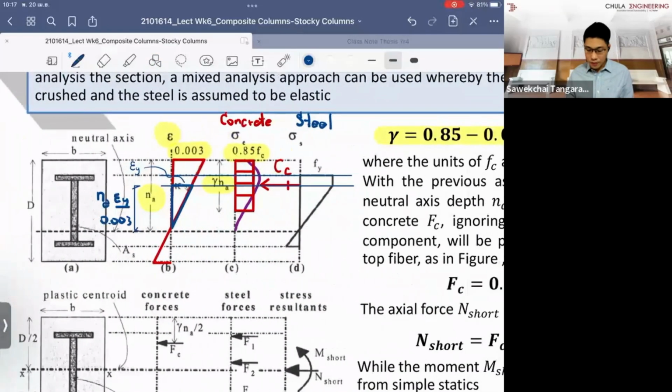So you can calculate the level where it has developed the yield, right?